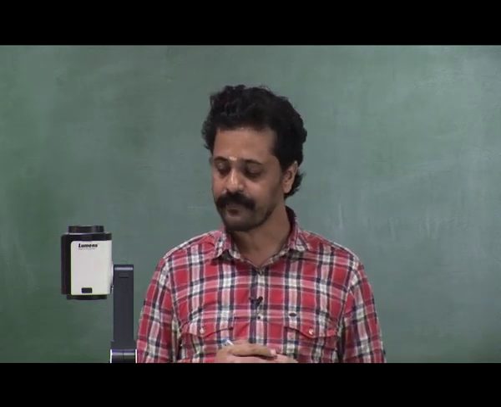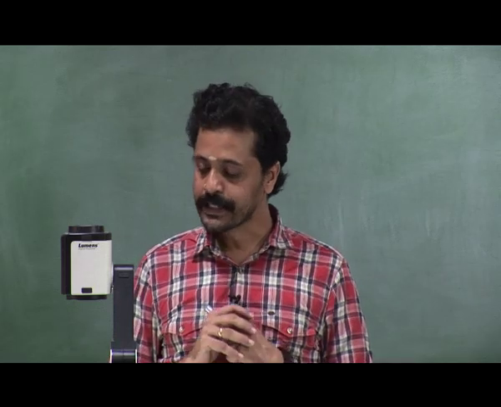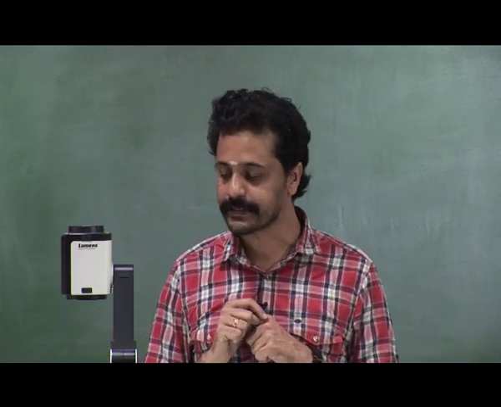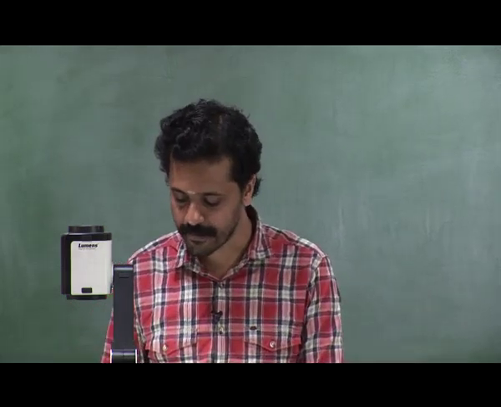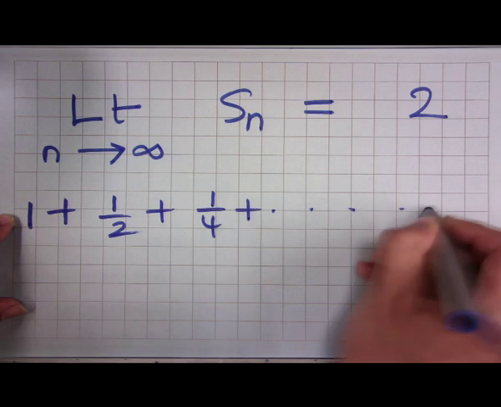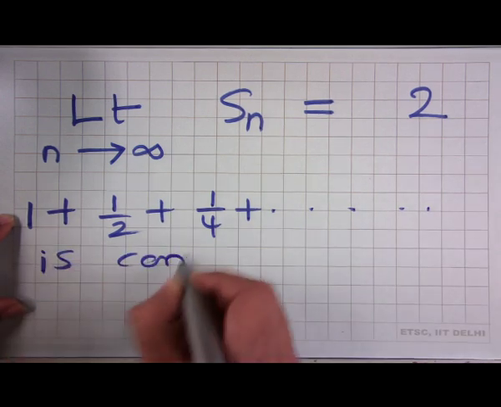Recalling the definition we made for convergence of a series, it should be clear that since the sequence of partial sums is convergent, the corresponding series is convergent. So, 1 plus 1 by 2 plus 1 by 4 plus etc. is convergent.